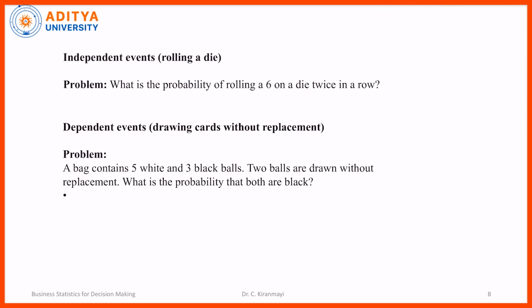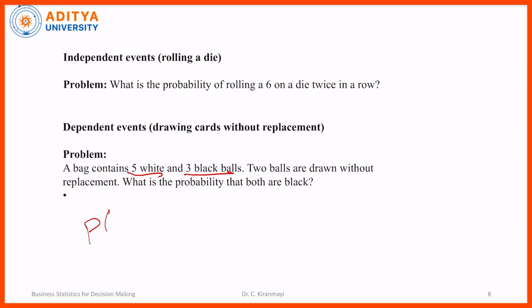There is a bag containing 5 white balls and 3 black balls. 2 balls are drawn without replacement. What is the probability that both are black? First, suppose I want to select 2 balls out of 8 balls. For example, getting a black ball in the first draw.